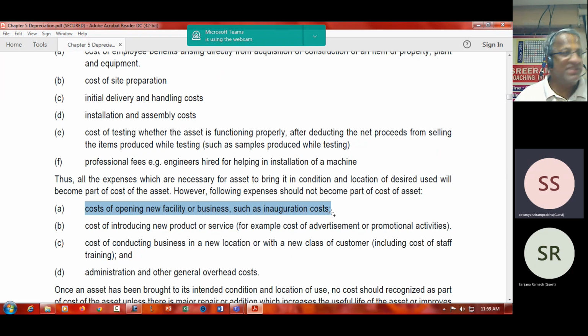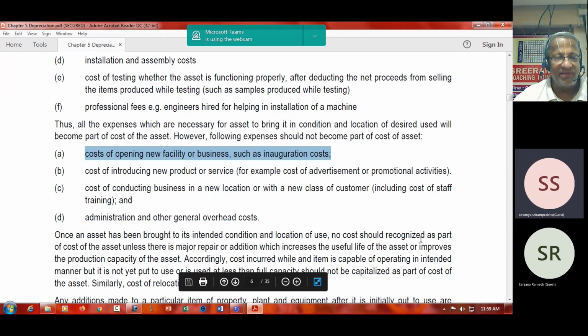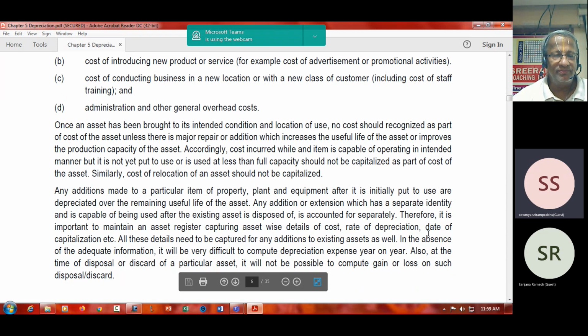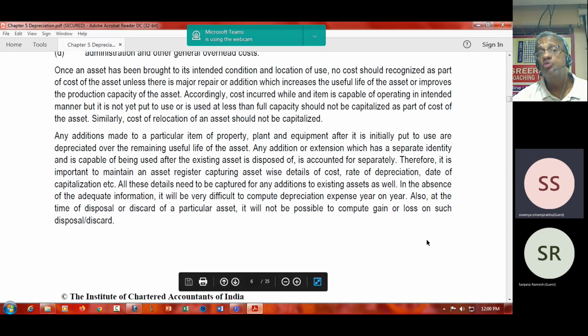Inauguration cost, you invite somebody. Cost of introducing, where you put up advertisement and promotion, is not to be taken as part of the capitalized cost. Cost of conducting business in a new location with a new class of customer, including cost of staff training, etc., you cannot capitalize. Administration and other general overheads cannot be capitalized at all. These things, they tell you should not be capitalized.